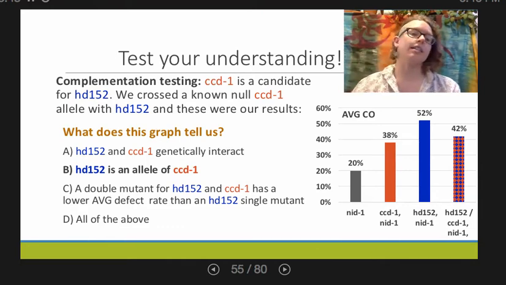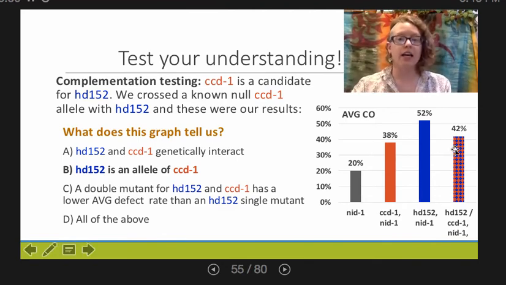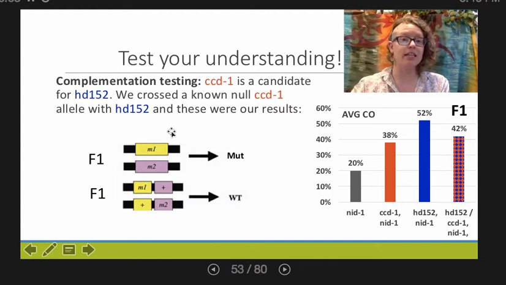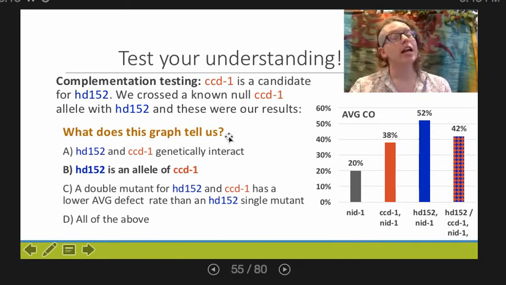This graph tells us that HD152 is an allele of CCD1 because we are seeing defective AVG axon guidance in this scenario. So that means that this guy is a mutant. It's this one. And again, genetic interaction is something that you figure out with double mutants.